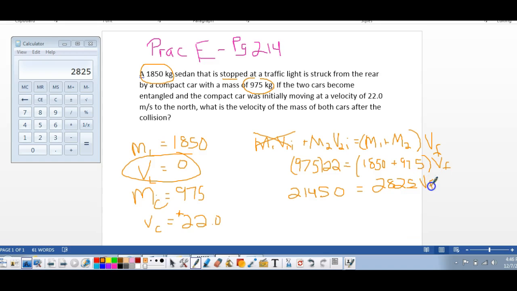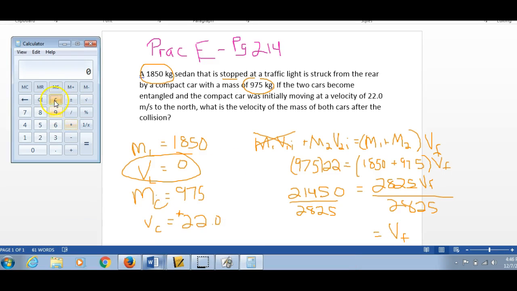So then if we just use our algebra and divide both sides by 2825, velocity final will be, do the math, 21,450 divided by 2825.